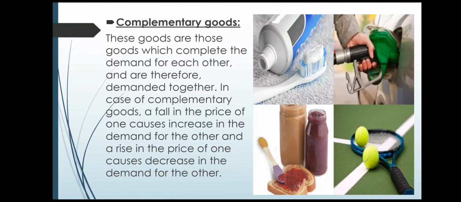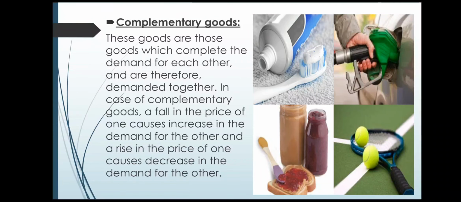So complementary goods are those goods which are used together. For example, toothbrush and toothpaste, petrol and car, tennis racket and tennis ball, bread and jam. So all these commodities, all these products are being used together.